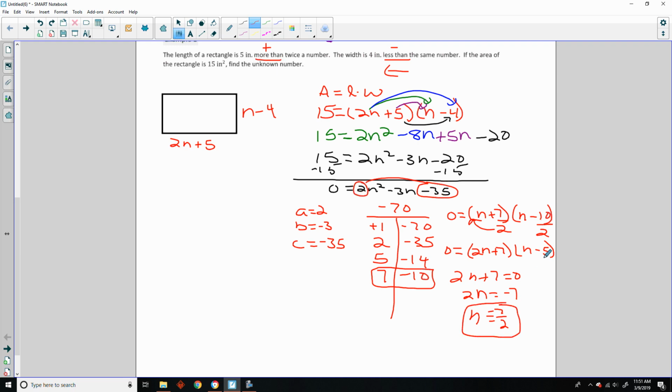And in this case, if I set n minus 5 equal to 0, then n would have to be 5. So n equals 5. We are talking about length. It cannot be negative. So this is an extraneous solution. My answer is n equals 5.